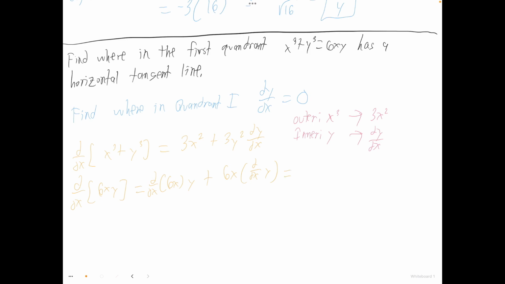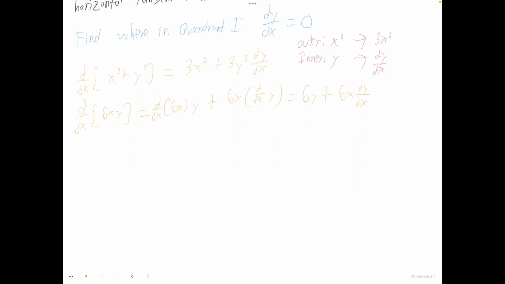Well, the derivative of 6x is 6, so we get 6y plus 6x, and then the derivative of y with respect to x is just dy over dx. And so what we have found then is that we have 3x squared plus 3y squared dy over dx equals 6y plus 6x dy over dx.